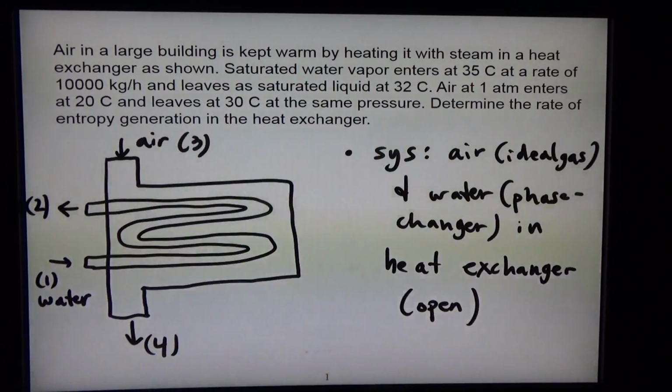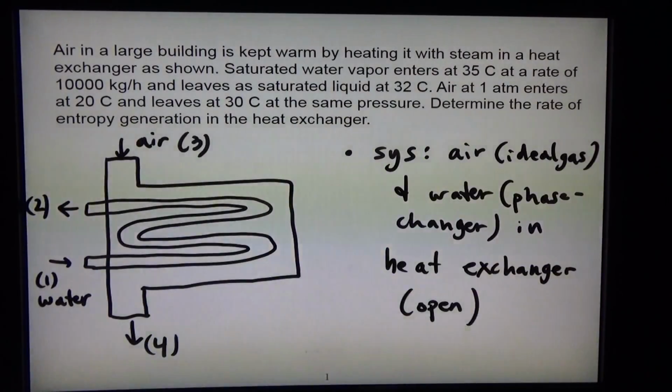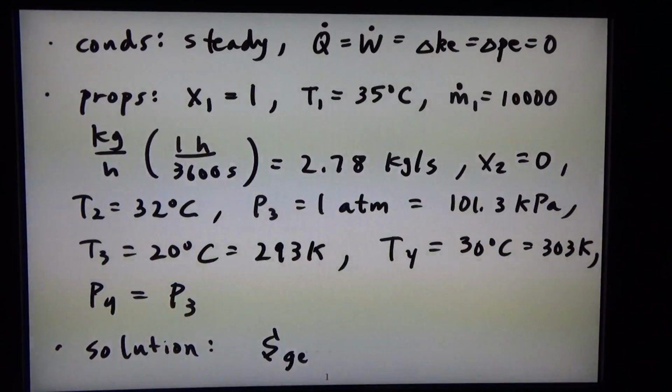And then lastly, the air leaves at the same pressure that it enters at, so P4 is equal to P3. Any other information? No, we're not given any other information. Alright, so there's our properties. Now we're ready to go ahead and try to solve. What we're looking for is the rate of entropy generation. So that's capital S gen dot, the rate of entropy generation in the heat exchanger.